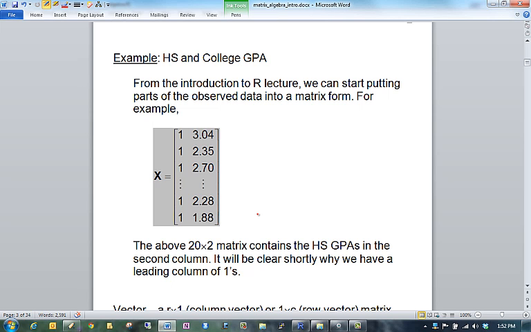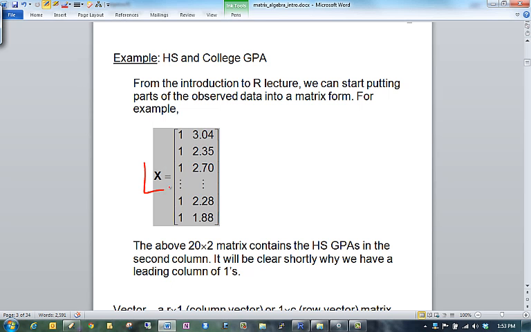So let's take a look at an example that you're familiar with and put it into a matrix algebra context. In the introduction to R notes that we saw before, we saw this high school and college GPA data set where we want to use high school GPAs to predict college GPAs. We had a sample size of 20. Well, we could put all the high school GPAs into a matrix. And that's what I did here.